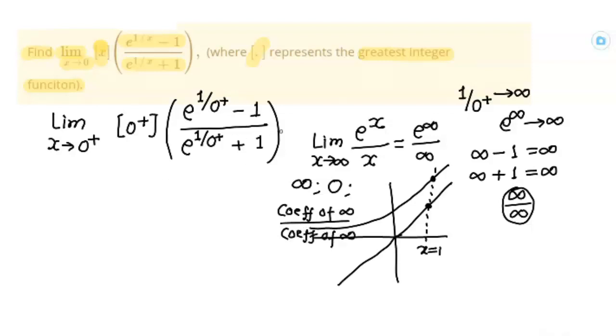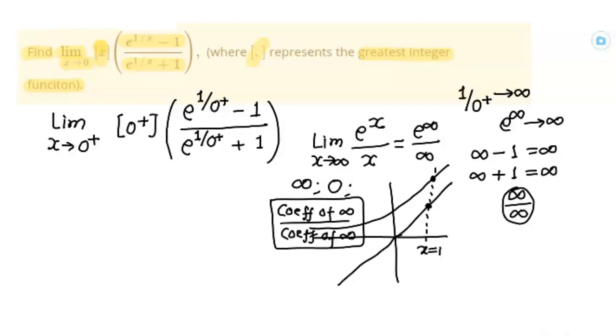Now I'm going to explain here. The above infinity is this one, e to the power 1 upon 0 plus, which is e to the power infinity, and the denominator has the same infinity. So if both infinities are the same, the answer is the coefficient of the numerator infinity upon the coefficient of the denominator infinity.